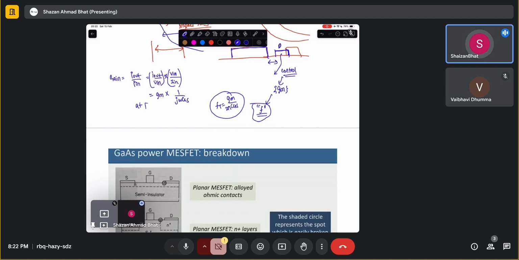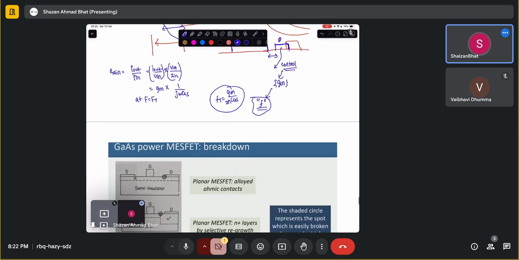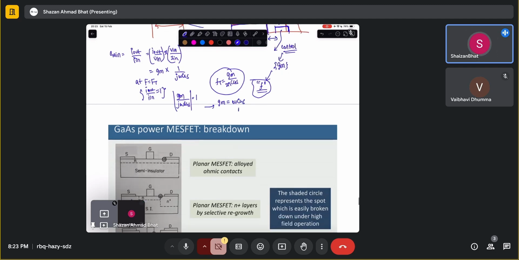And at F equals the current gain frequency, I out by I in is equivalent to 1. That means if we only take the magnitude, Gm divided by j omega CGS equals 1. Taking only the magnitude, Gm equals omega CGS. That means omega will be equivalent to Gm over CGS.